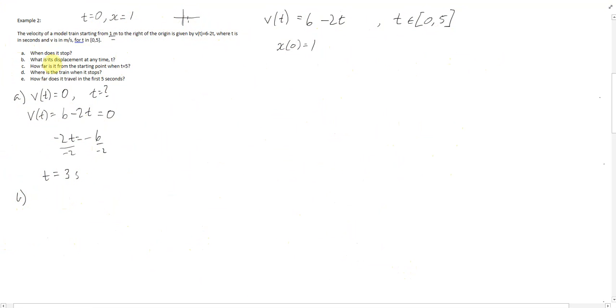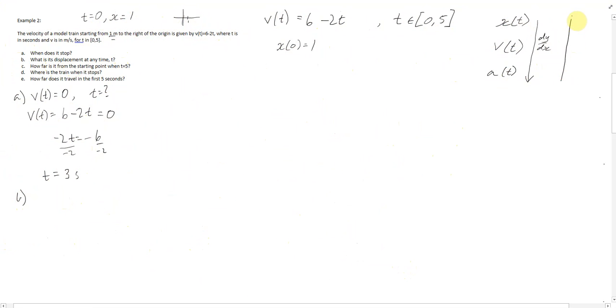Part B. What is its displacement at any time t? Okay, so here's a few things that we need to know that you already know from our work in differentiation. We know that we have displacement, we have velocity, and we have acceleration. And these three things you differentiate to go this way. So to go that way, we differentiate. Let's just write this, dy dx.